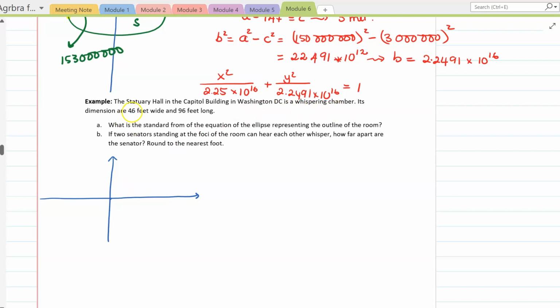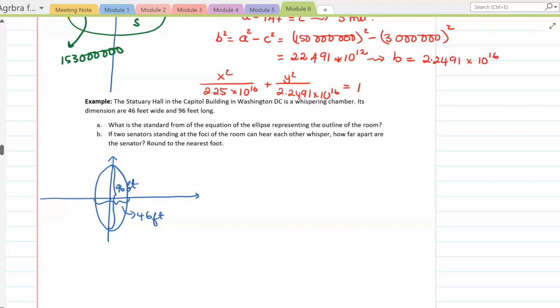If it is 46 wide and 96 feet long, so it's kind of like this, okay? So this total distance is 96 feet. And this total distance is 46 feet.